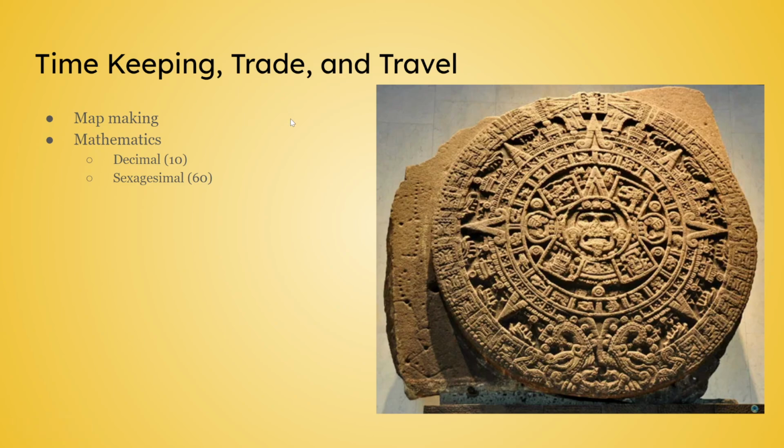So 60 would be written as 10. It's like in binary. You would write 0 as 0, 1 as 1, and then 1 0 is 2, and 1 1 is 3. It works in that way.